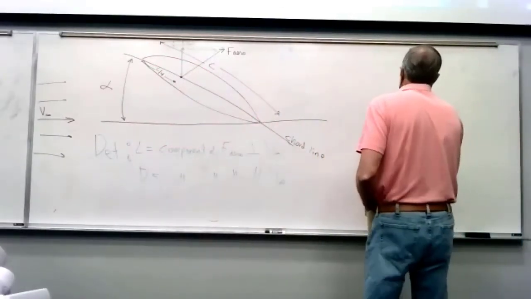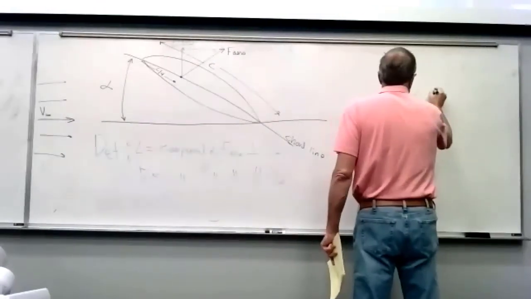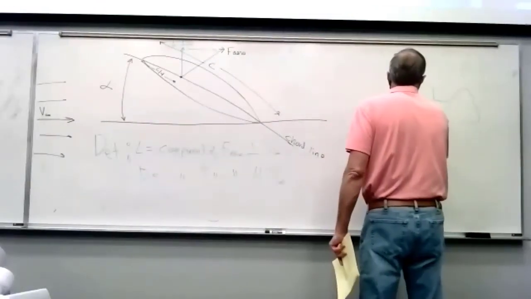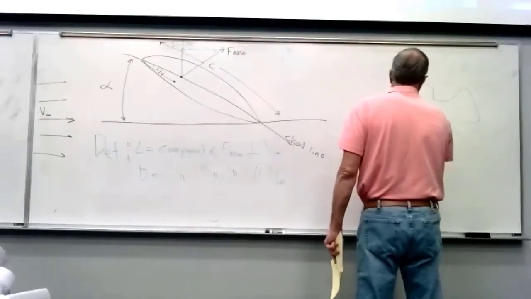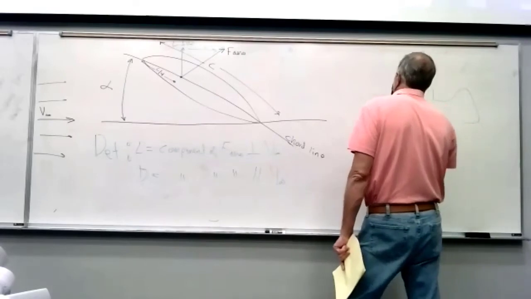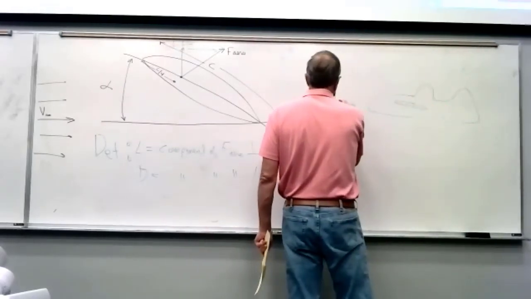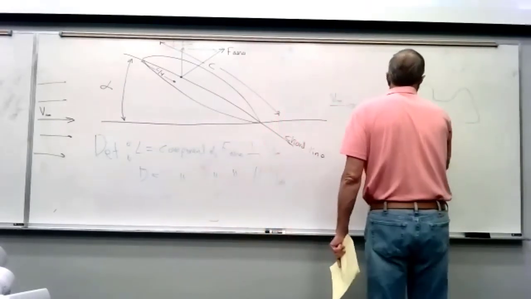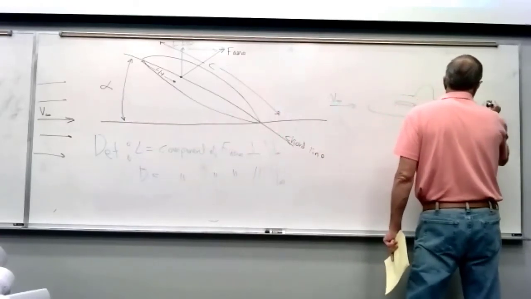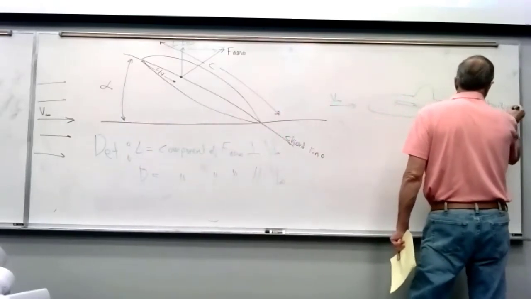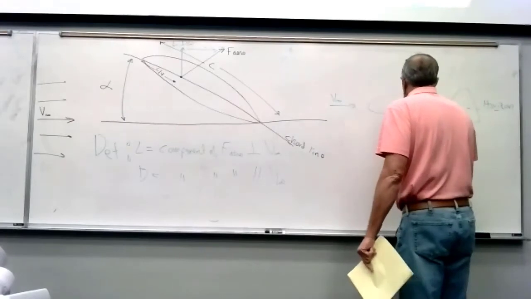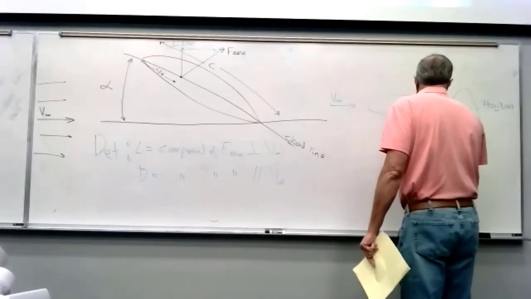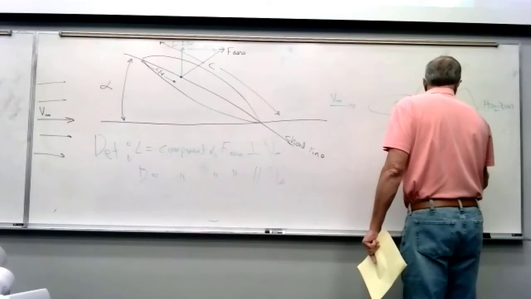But the main reason is that if you have an airplane, draw a wing like this, and it's flying in cruise, so the horizon is here. The reason we need the horizon is because weight always acts perpendicular to the horizontal, right?